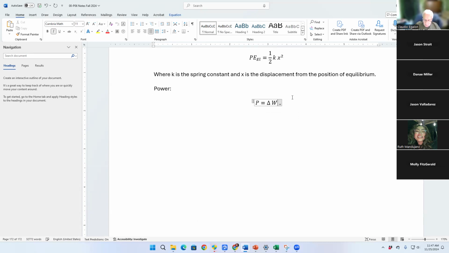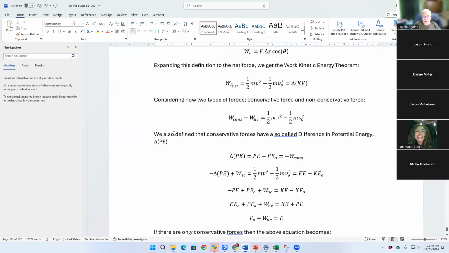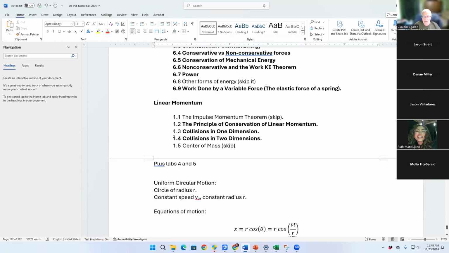Delta work over delta t, which, by the way, ends up being force times velocity. Okay? So that's what we have for chapter 6.